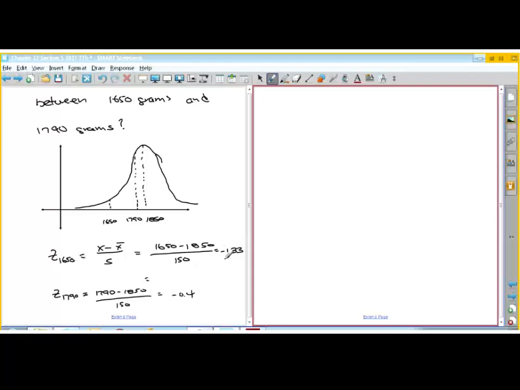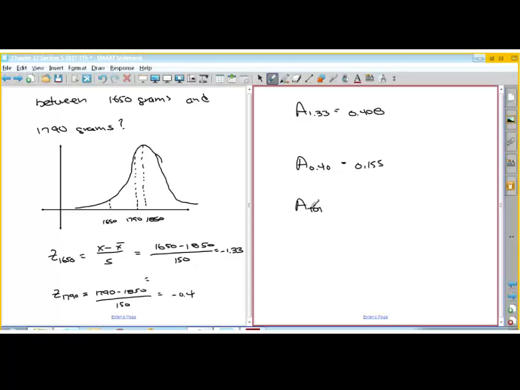Okay, so what we get is z-score of 1,650 is negative 1.33, and the z-score associated with 1,790 is negative 0.4. So now we look at the corresponding areas, but using the positive values. So 1.33, and the area associated with 0.40. So we look down our column for z of 1.33, and we get 0.408. And for 0.4, we get 0.155.